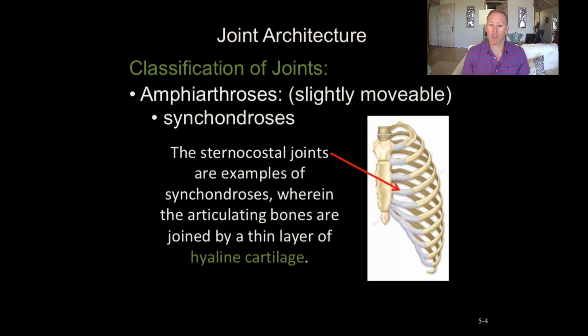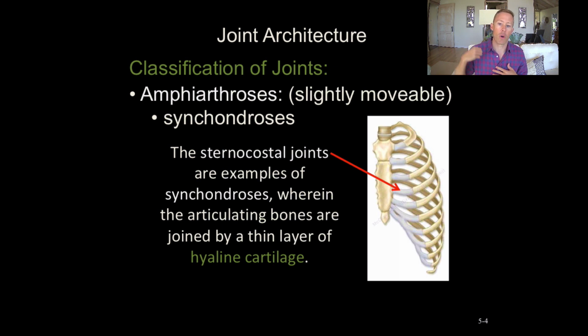These are our sternocostal joints, and they have a thin layer of hyaline cartilage, which joins the true and false ribs to the sternum, and it allows some mobility. When we take a deep breath, our upper ribs and bottom ribs move differently, as we'll talk about in the spine section, but that movement is partly allowed by that amphiarthrodial joint on the anterior side of the thoracic cage.